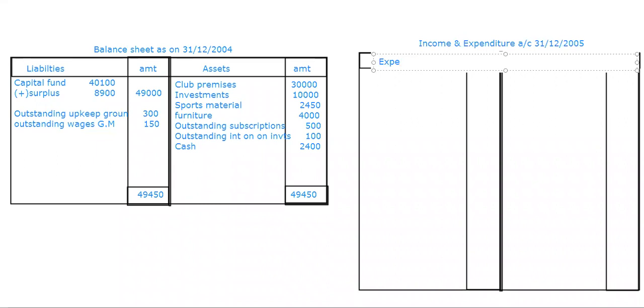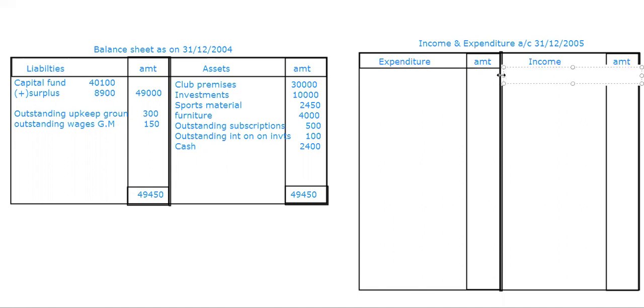Expenditure amount, income amount. And I always take what? First, I always start with the subscription only. So that's what I'm taking with subscription.